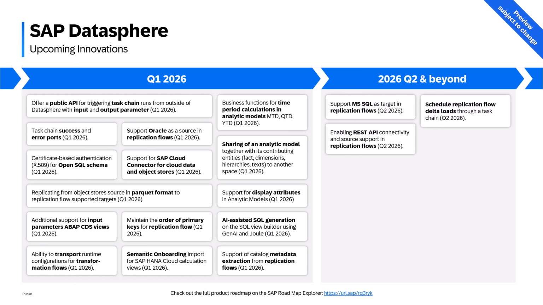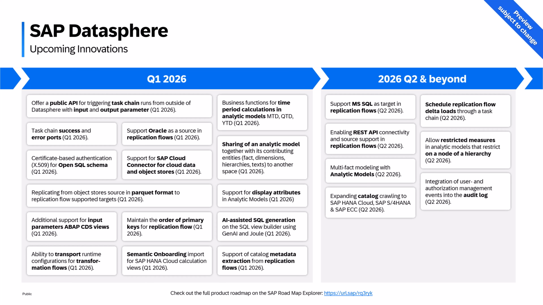Looking further down into Q2 and later quarters in the year, we want to support Microsoft SQL as a target in replication flows, as well as long-awaited REST API connectivity support in replication flows. On the scheduling side, being able to schedule delta loads through task chains.